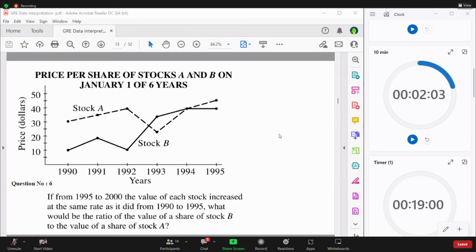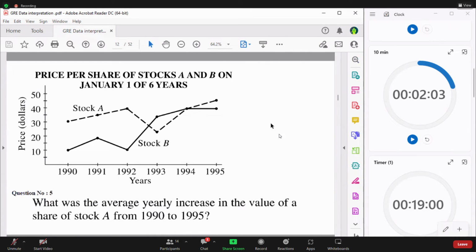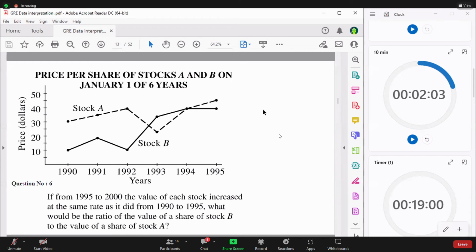So the rate of growth of stock A is $3 per year from this graph. That is the average increase. It says rate of increase.